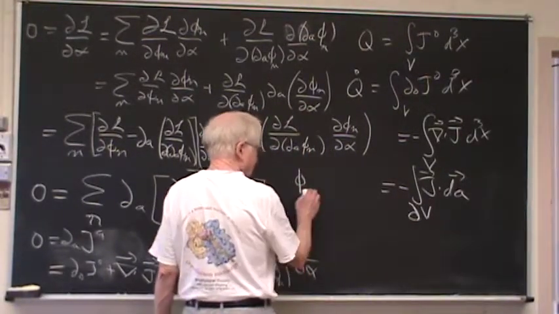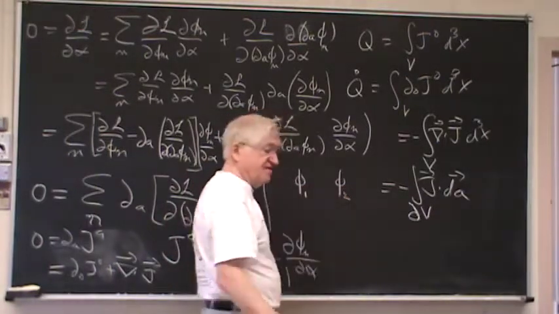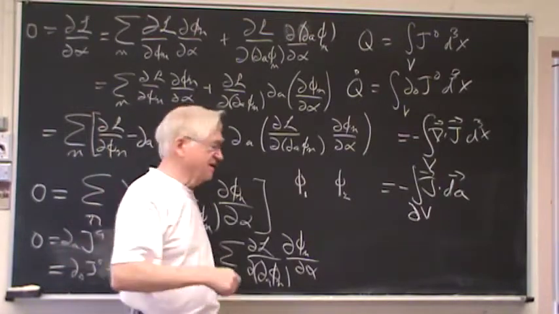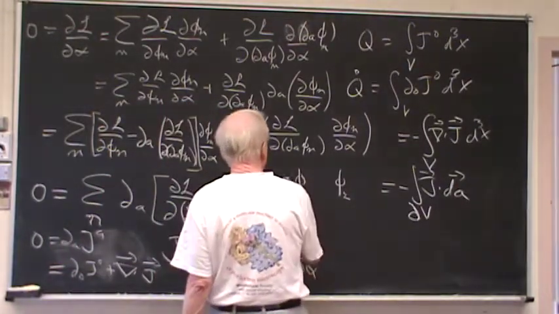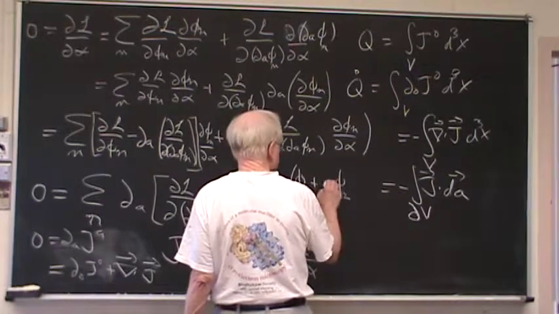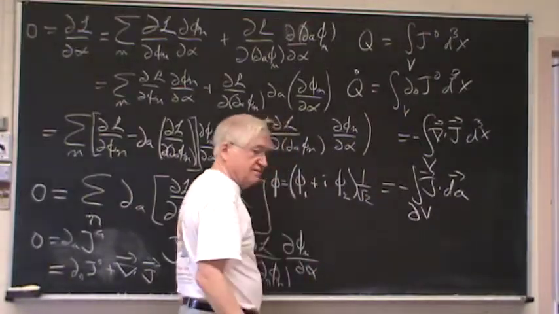What we actually have here are two fields, phi 1 and phi 2, that describe particles of the same mass. And then we say, phi is going to be phi 1 plus i times phi 2, divided by square root of 2.